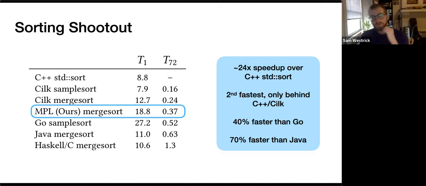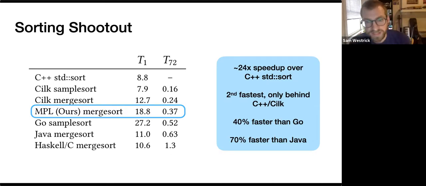For example, Maple has a factor 2 overhead over C, like the C++ standard sort or the Cilk sample sort. And yet, down at T72, we're still seeing a 24x speedup over the C++ standard sort.